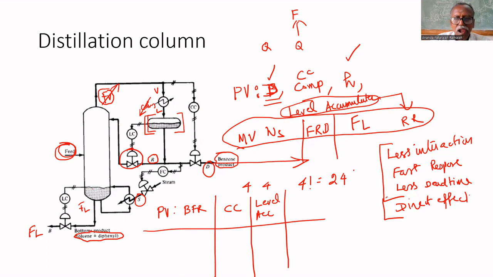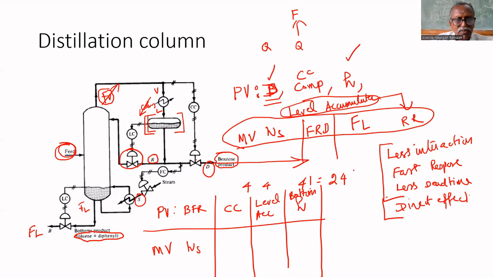Fourth one is the bottom level in the distillation column. What are the manipulated variables? To control benzene flow rate, we are manipulating the steam flow rate. If we increase the steam, the benzene product will increase. If we decrease the steam, vapor will decrease, so that this flow rate can be adjusted.